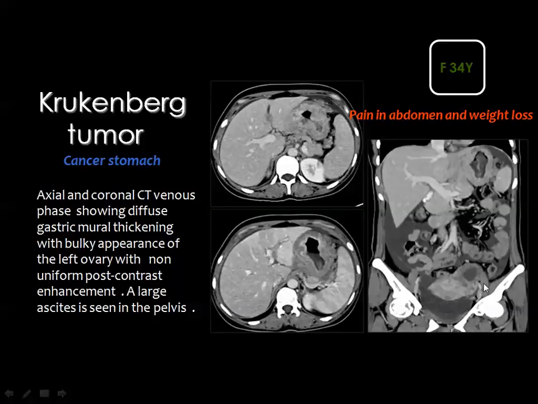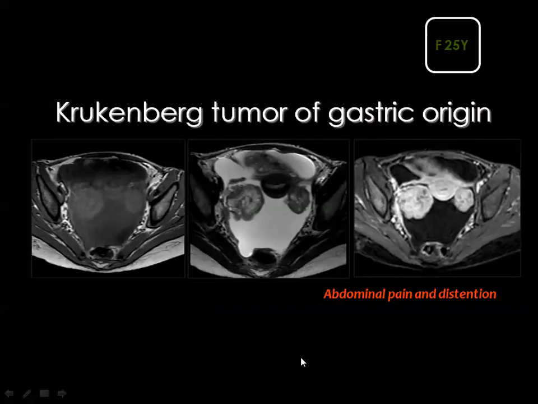In the pelvis, you see a mass which is partly cystic and partly solid in the left ovary, diagnostic of ovarian Krukenberg tumor. You can also easily see the presence of ascites. And this is the classic appearance of Krukenberg tumor: bilateral ovarian masses, and these masses are almost solid.